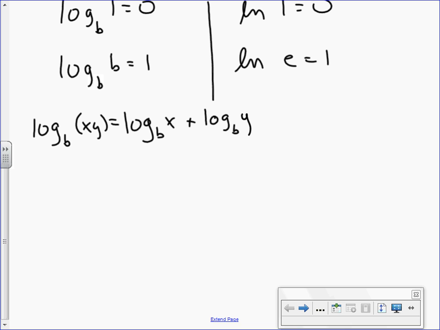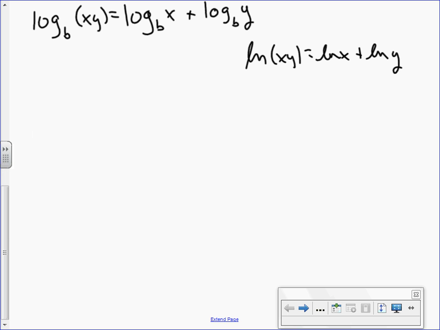I am not going to explain why this is true. I'm just going to remind you that it is true. We can make the same statement then with natural logs. So if you have the natural log of xy, that's the natural log of x plus the natural log of y.